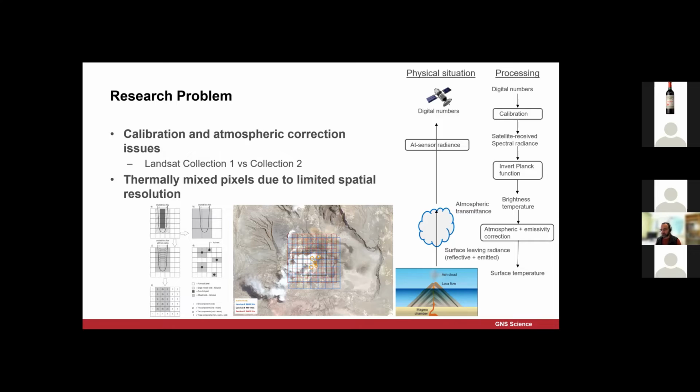Sentinel shortwave infrared is at 20 meter spatial resolution. And when we look at the White Island, the pixels are always in a fixed geometry position, and we know that they are always present there. And these numbers are representing something to us, and we can convert those back into temperatures.